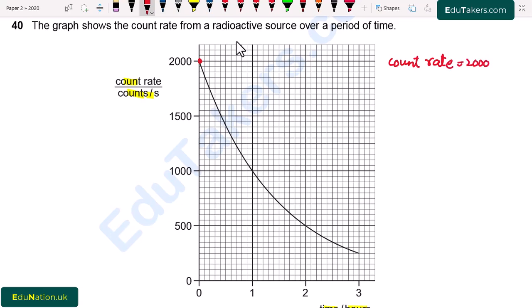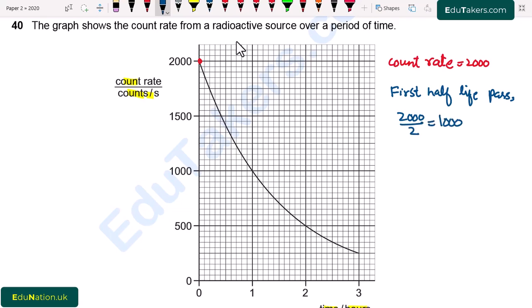Half-life is the time during which the count rate becomes half. So when the first half-life passes, the count rate also becomes half. So it will be 2000 divided by 2, which is 1000.